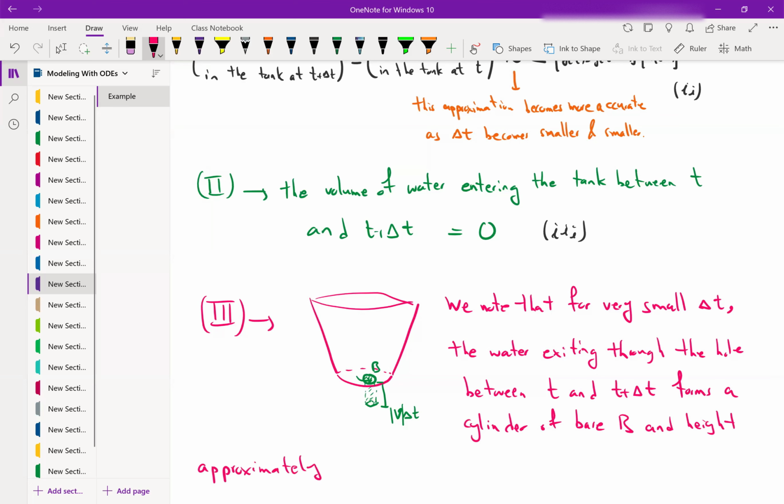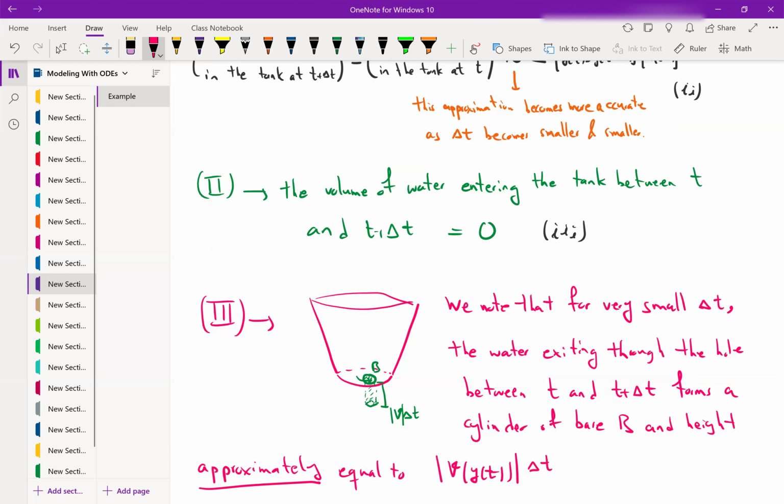I'm not saying exactly, approximately equal to V corresponding to the height at time t times delta t.